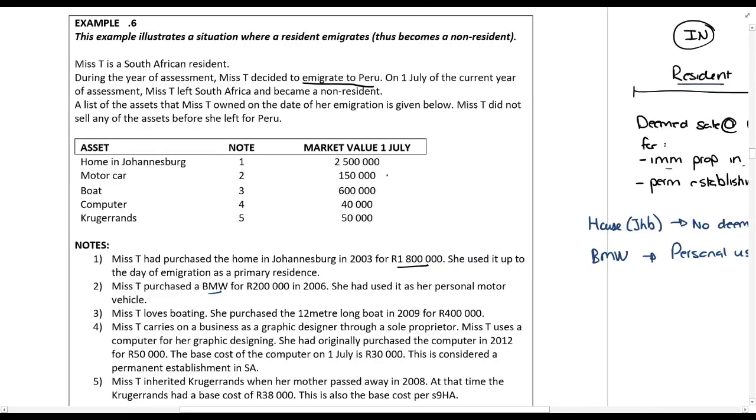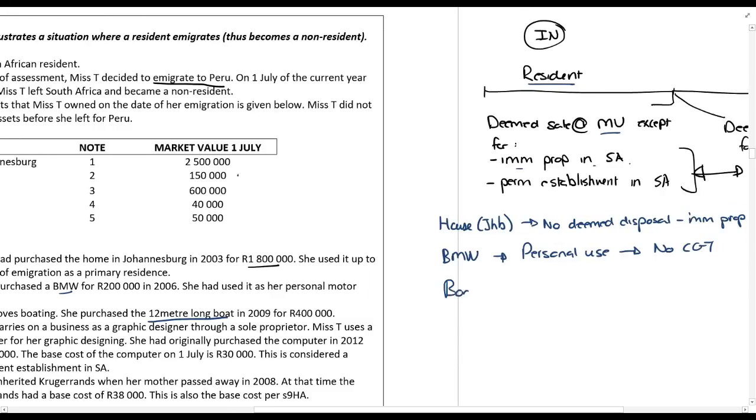Okay, then a boat, number 3. Ms. T loves boating. She purchased a 12-meter long boat in 2009 for 400,000. Nice, a boat. It's also a personal use asset, but boats longer than 10 meters cannot be personal use. So what does it mean? Thus, we need to calculate a capital gain. And what will the capital gain be?